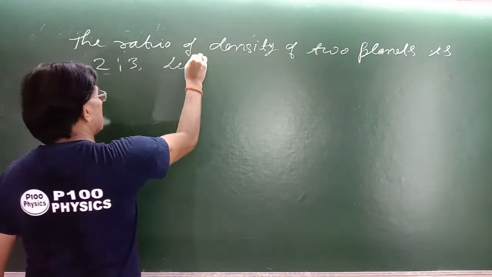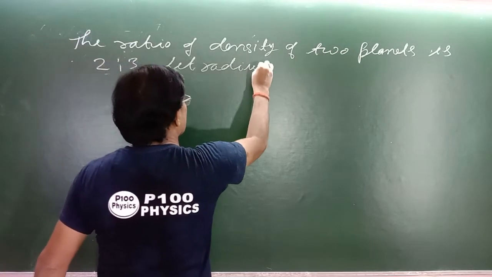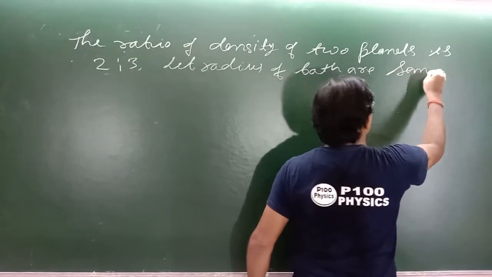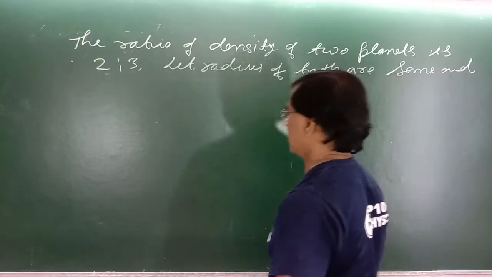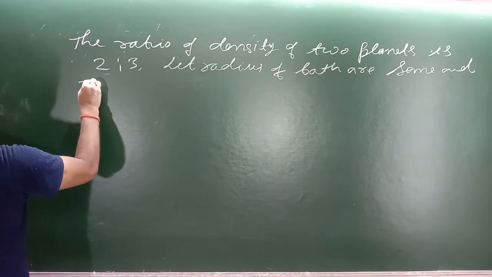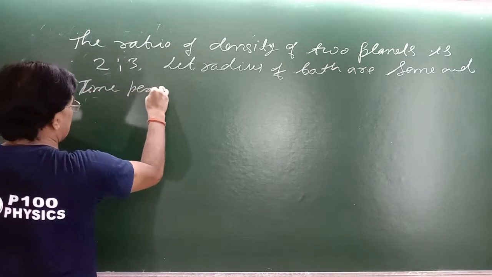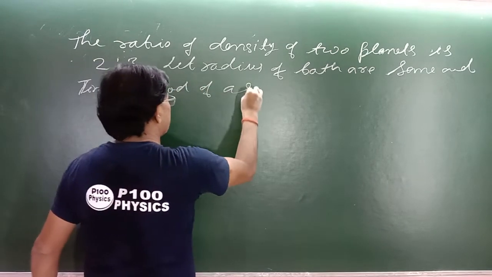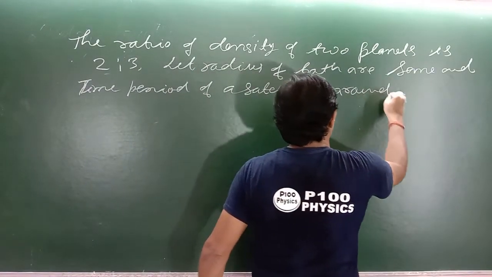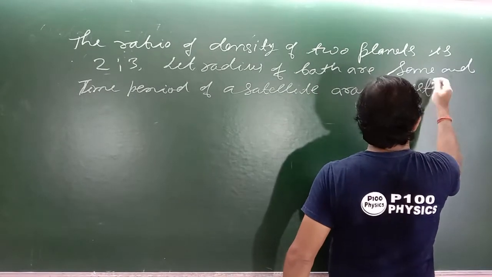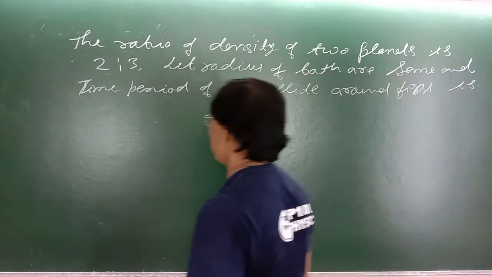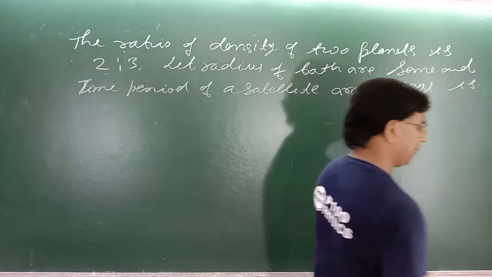Let the radius of both be the same, and the time period of a satellite around the first is given as 36 hours.